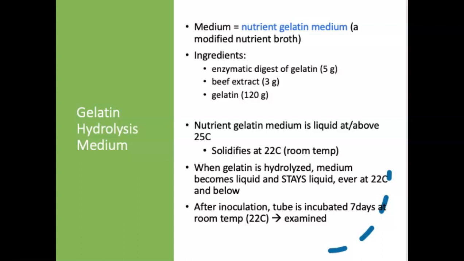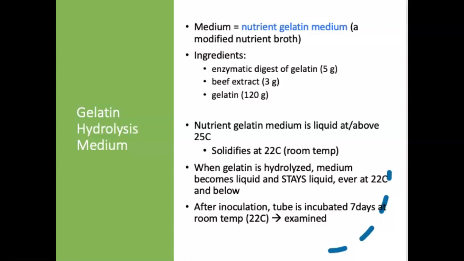That means we really can't incubate these tubes the way we would with other cultures. We're not going to put them into an incubator at 35 to 37 degrees centigrade because the gelatin will just melt in there. Instead, we're going to place these tubes in a protected place at room temperature.